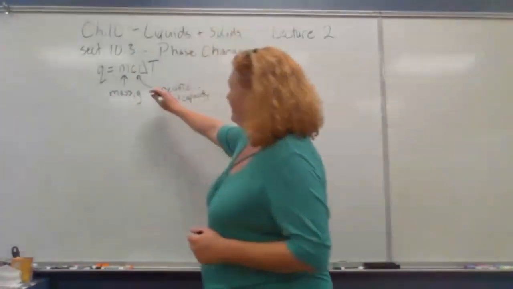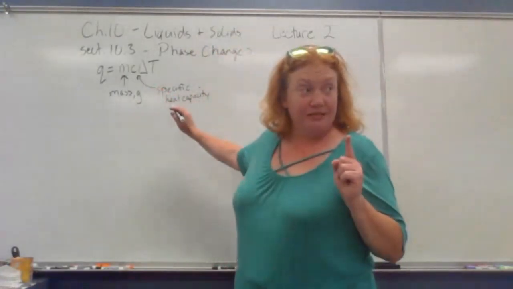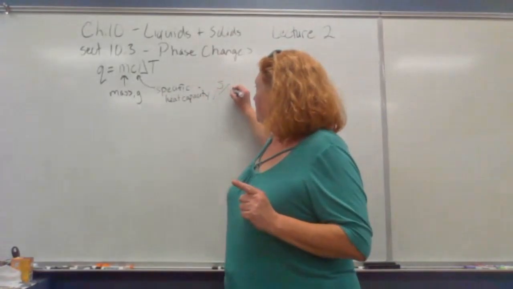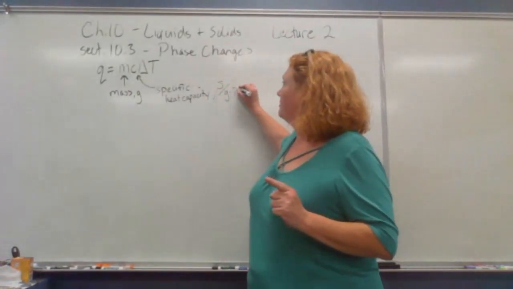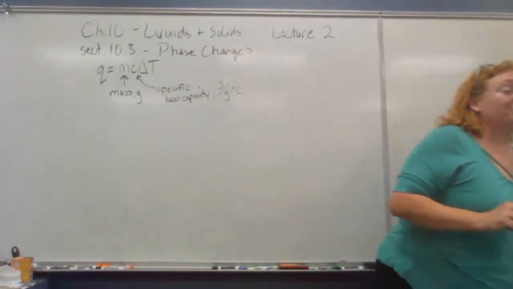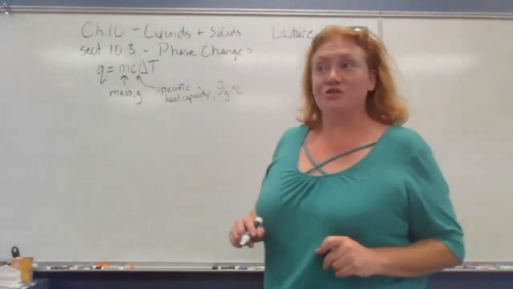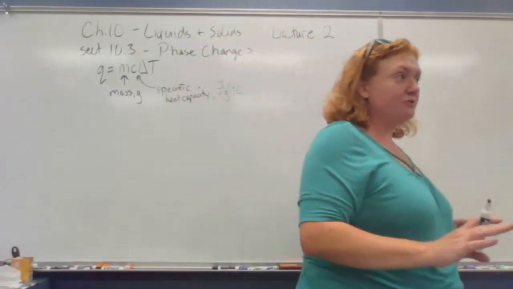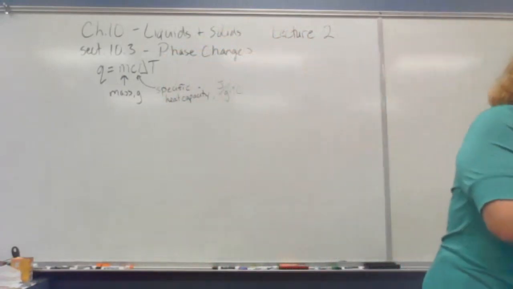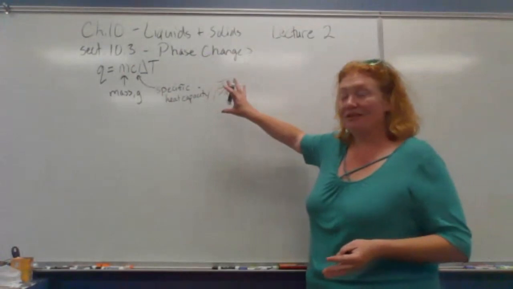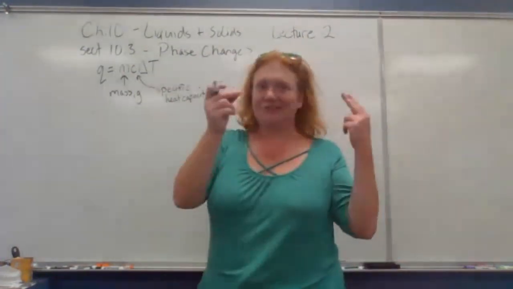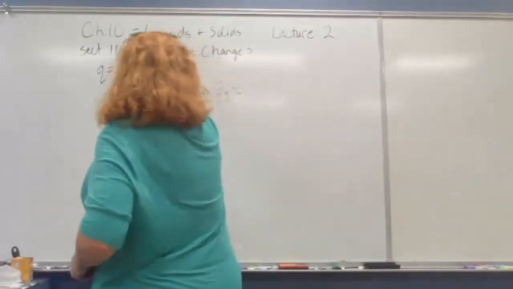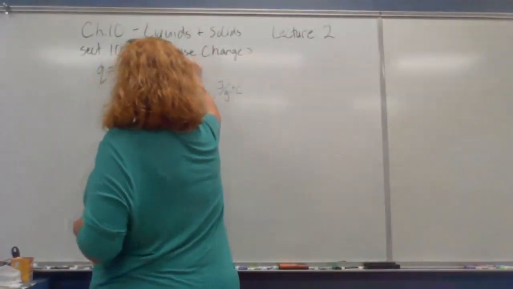What we have to recall is that the units of specific heat capacity are joules per gram times degree C. This is in Celsius. Yesterday, working with the Clausius-Clapeyron equation with gases and vapors, that was Kelvin. Heat is Celsius, just like in Gen Chem 1. You just got to know that. So delta T is the change in temperature in degrees C.